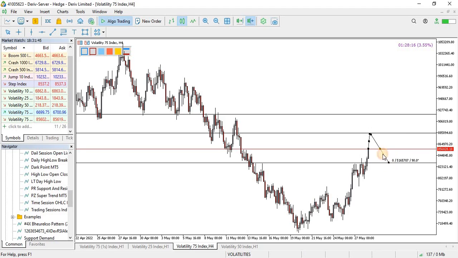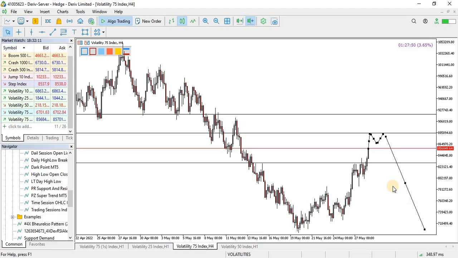But still, there's a possibility that there will be a little bit of this movement, because the market always has to retest a zone for you to get a good entry. So if the market does that, then there's a possibility that we might push back to the lower side. That's what I'm anticipating, but we don't know what the market is going to do.